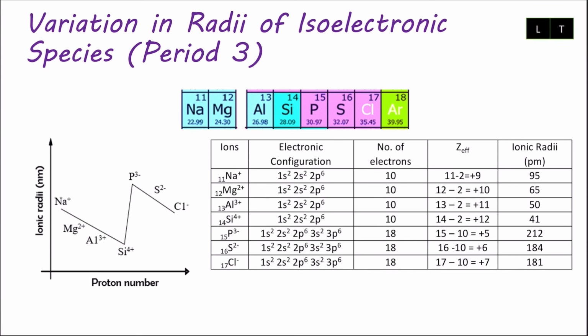So you can see from this trend, I will explain based on PISAs, and then between these two, I will explain based on NSAS, and from these three, I will explain the same with PISAs. So I hope you are clear on how to describe the variation based on their respective isoelectronic species.